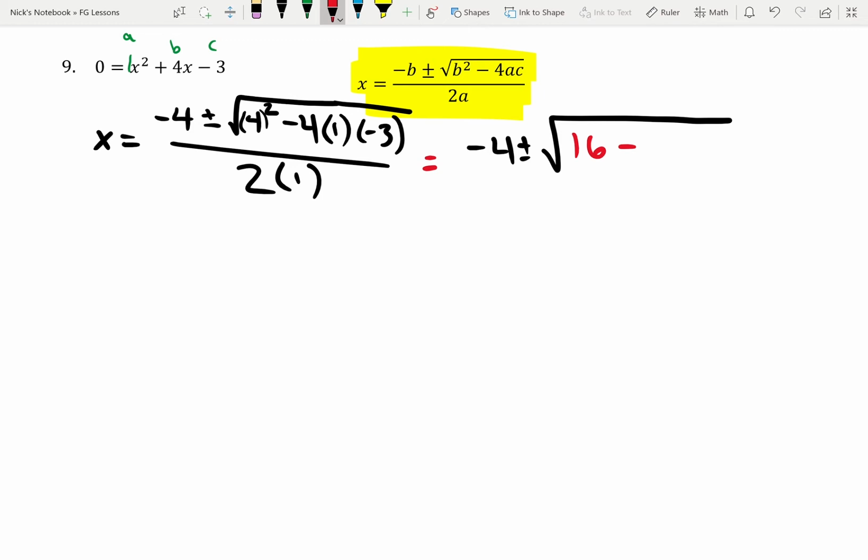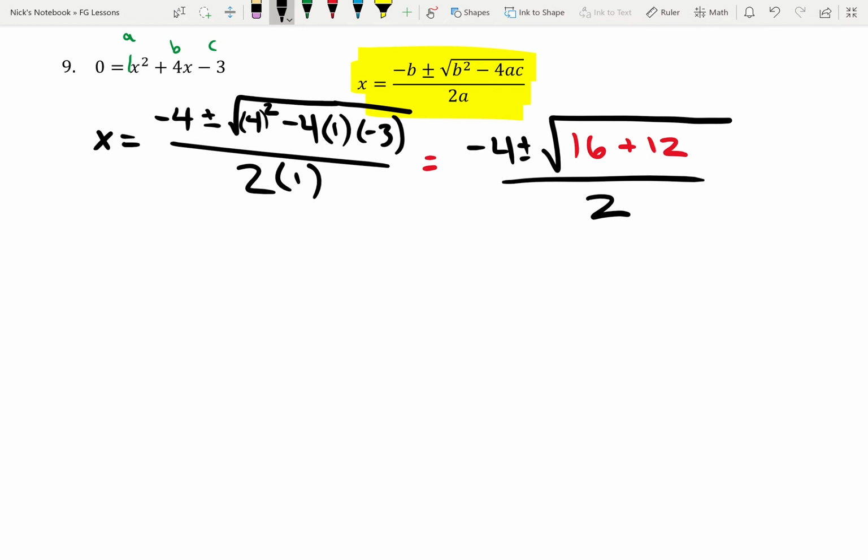A negative times a negative is a positive, so that turns into a plus 12, since 4 times 1 times 3 is 12. Now we can simplify the bottom, because it's not affected by anything on the top, nor does it affect anything there. So 2 times 1 is 2.